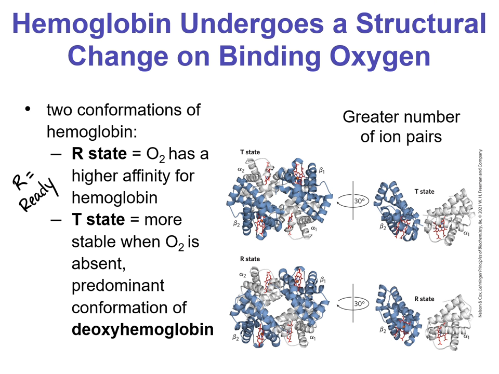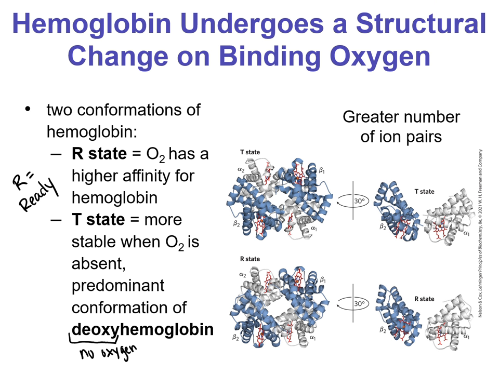The T state is actually more stable when oxygen is absent. So deoxyhemoglobin, deoxy means no oxygen. We're going to be looking at these two states in a little bit more detail, and we'll see the changes that happen when you transition from the T state to the R state.